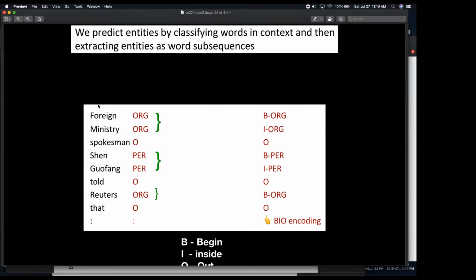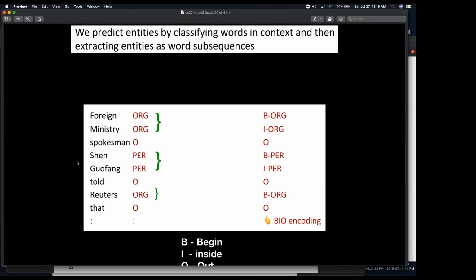Now, the problem with encoding like this is, imagine there was another name here, Shenguang, something else. Those are two different persons, but if you're treating them as this person, then the model misrepresents all three as one name.